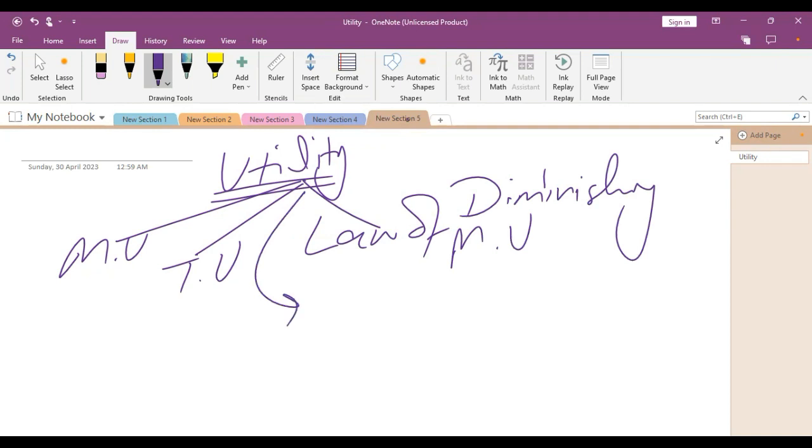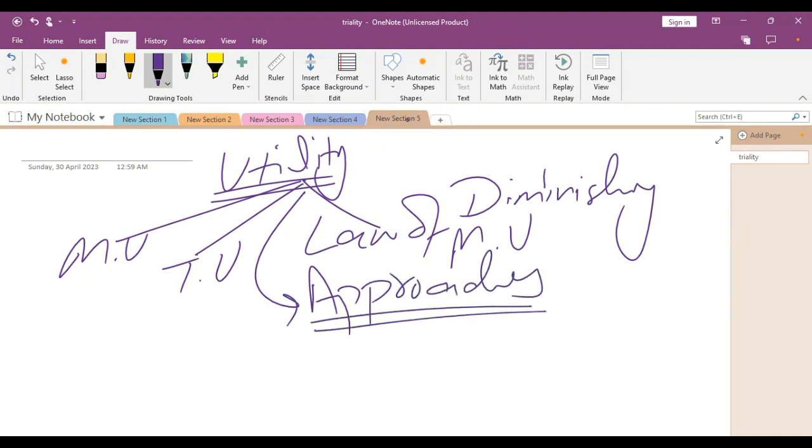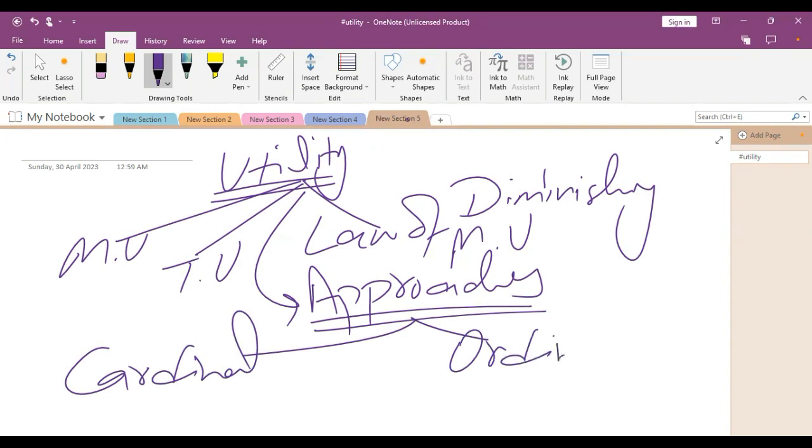And the fourth one that we have already studied is different approaches to measure utility. First approach is the Cardinal approach, and the second one is the Ordinal approach.